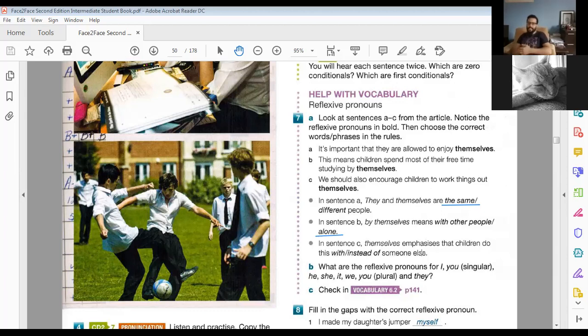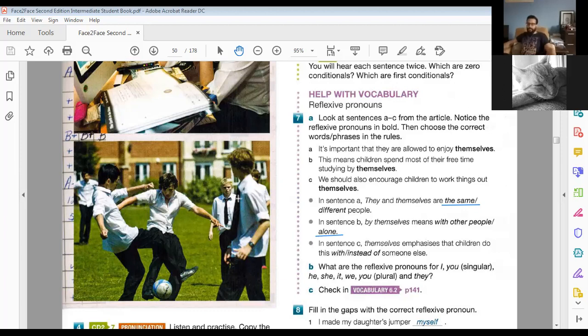So in sentence C, themselves focuses your attention on what? This is the idea. Focuses, let's say focuses, stresses, maybe.